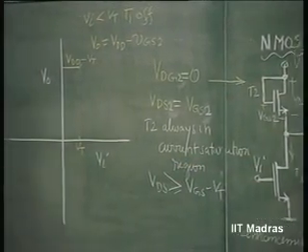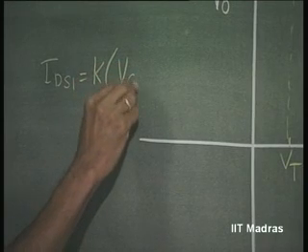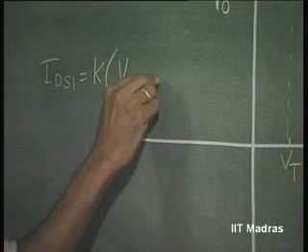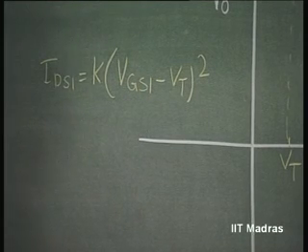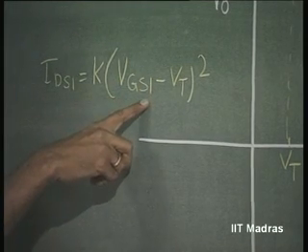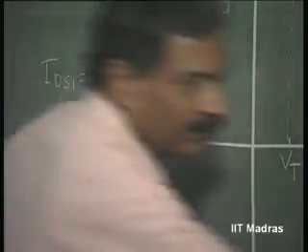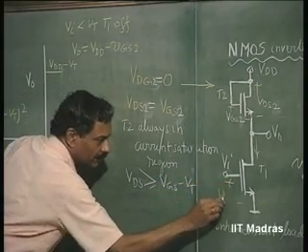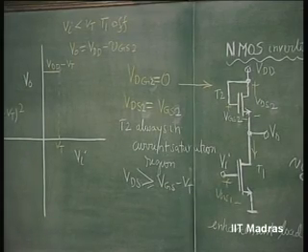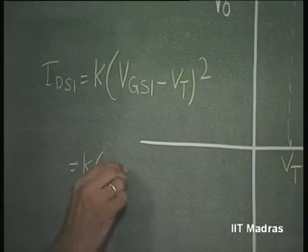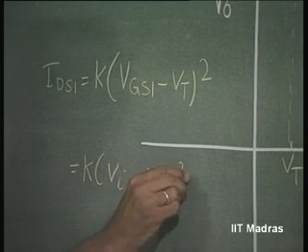So, K into VGS1 minus Vt whole square. What is VGS1? This is VGS1, which is Vi itself. So, this is K into Vi minus Vt whole square.